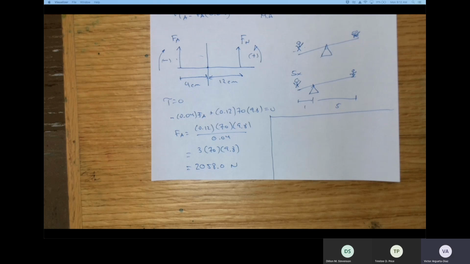The reaction force, this third force. Then this one. Right, that one. Yeah, you only have one weight, that is the 70.